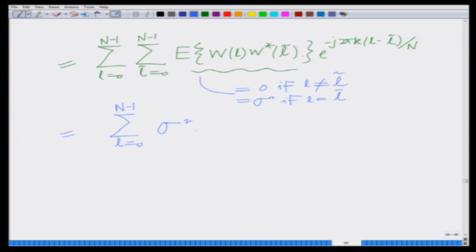If l equals l tilde, this becomes e to the power of 0, which is 1, sigma square times 1. Therefore, the summation of sigma square from l equal to 0 to n minus 1 is n sigma square, and hence I can write the variance of the noise at the output, the expected magnitude of capital W_k whole square, equals n times sigma square.